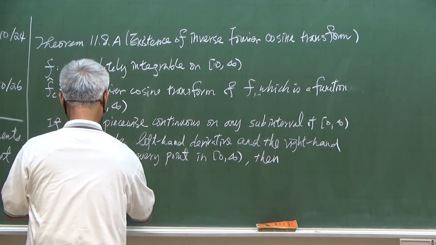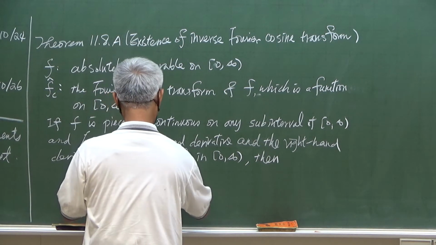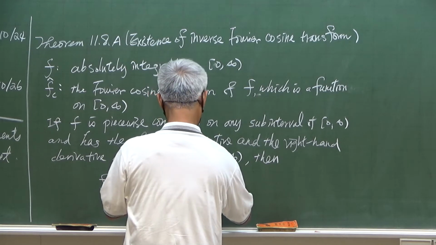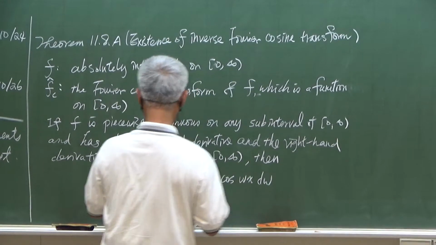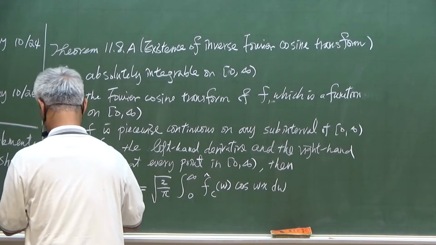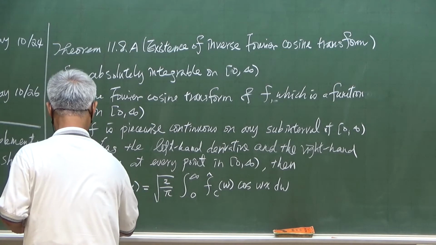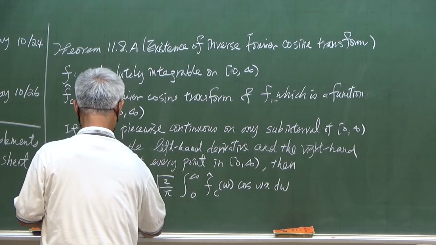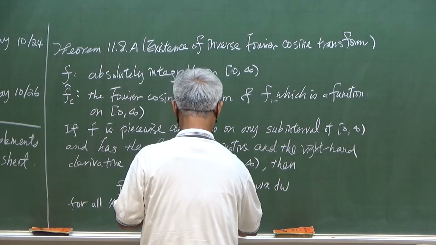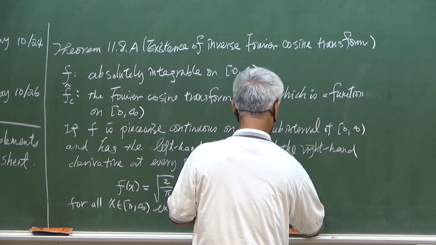Then f of x can be recovered by taking a similar transform, very similar to the Fourier cosine transform, for all x in the semi-infinite interval, except at points where f is discontinuous.